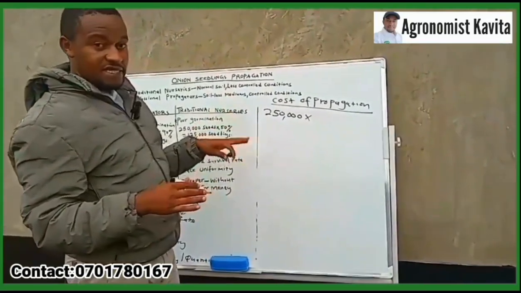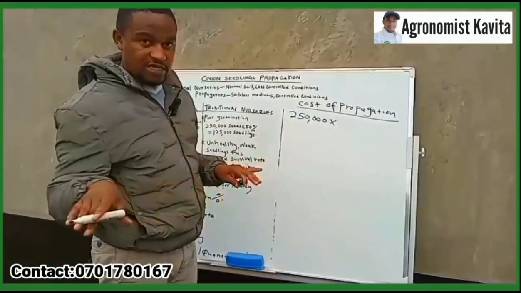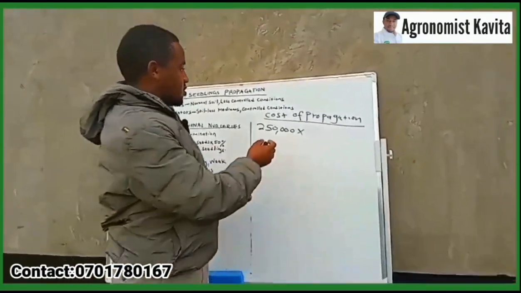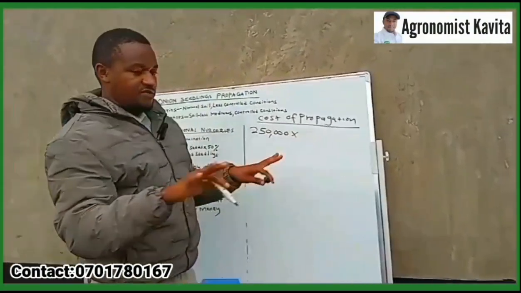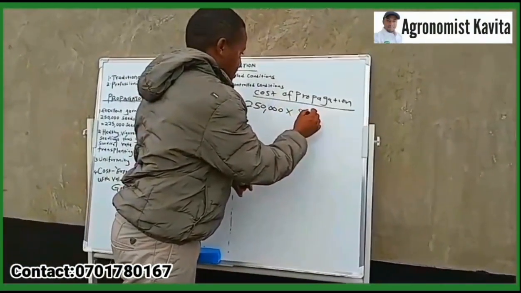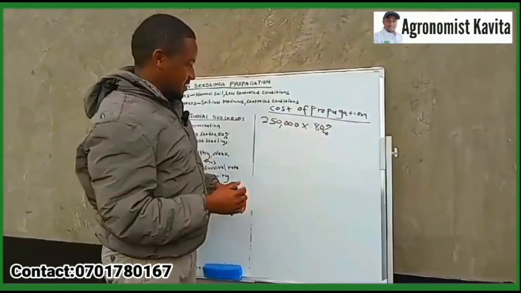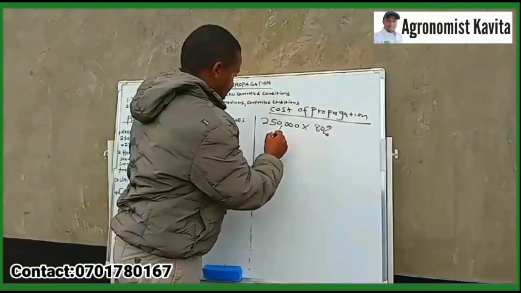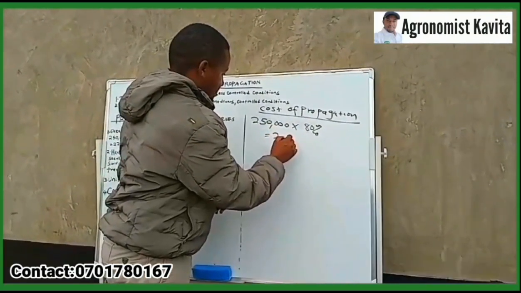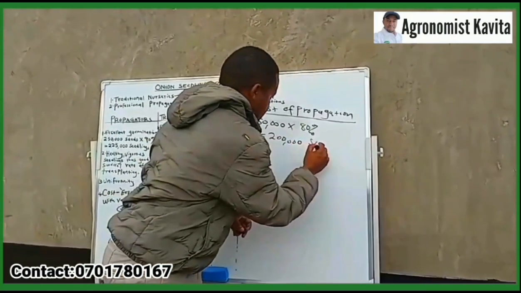This germination percentage will be decided after they have planted your seeds and they have come up with the seedlings. For example, let's say after they have planted your seeds, they realize that they only achieved 80% germination. 80% of 250,000 seeds will give us 200,000 seedlings.